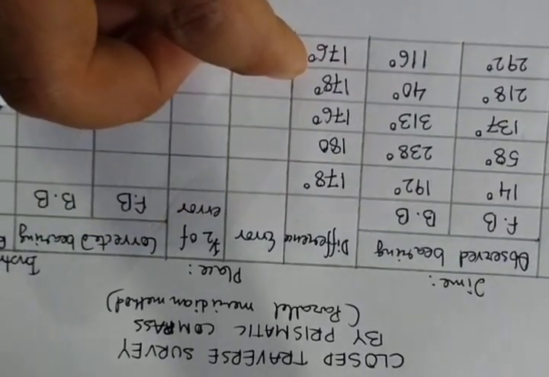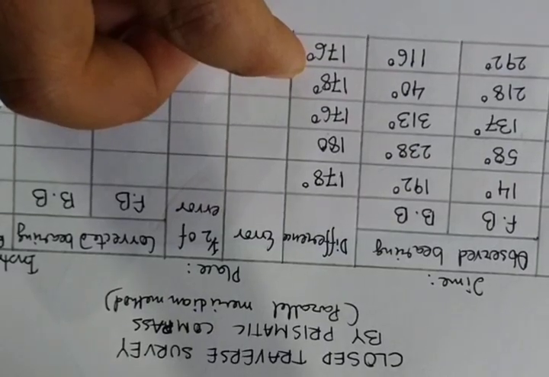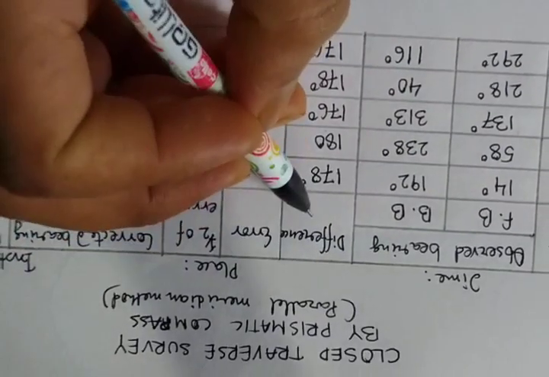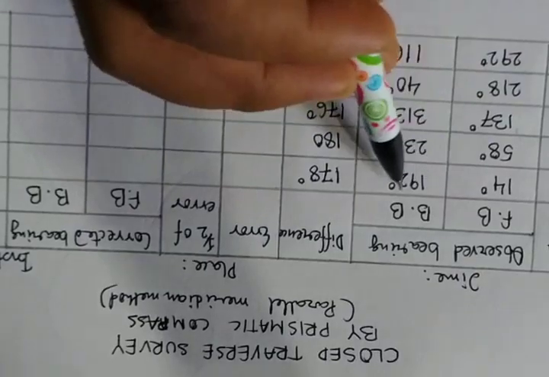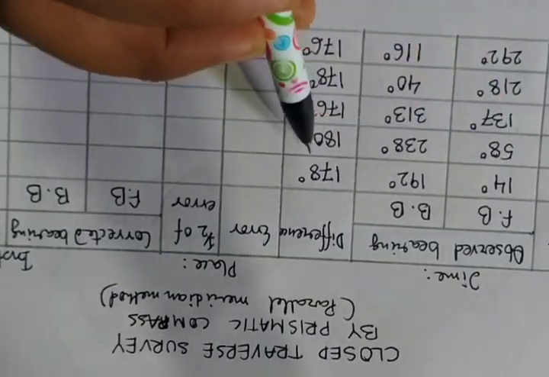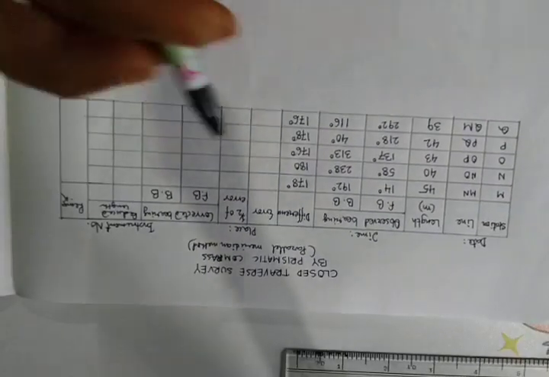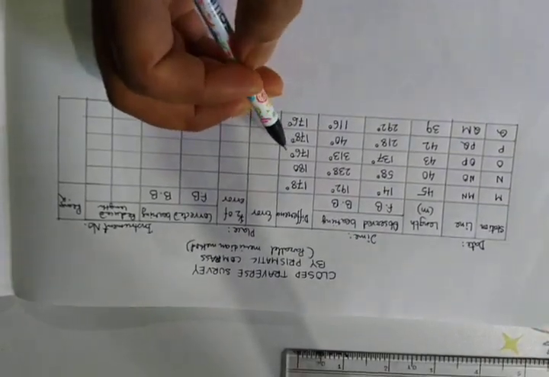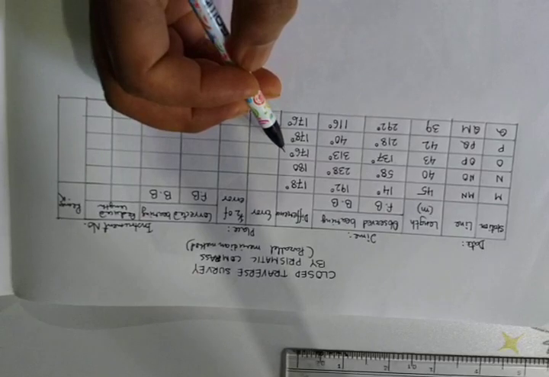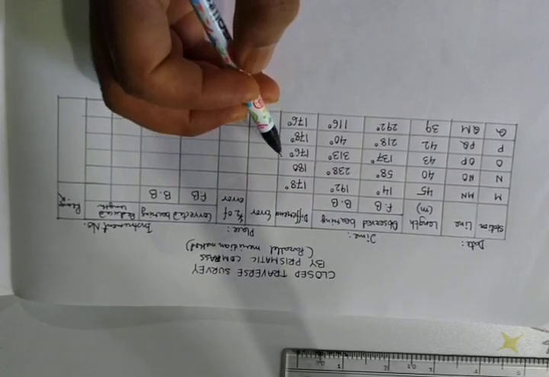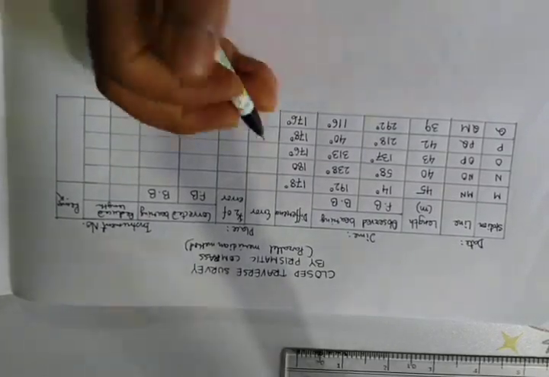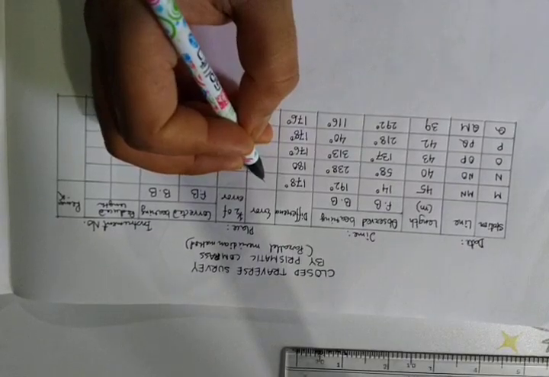So keep it in your mind that the difference is actually 180 degree. That means the difference between forward bearing and back bearing is 180 degree. But sometimes the degree may vary. That means it may be less than 180 or more than 180. So now we will find out the error.